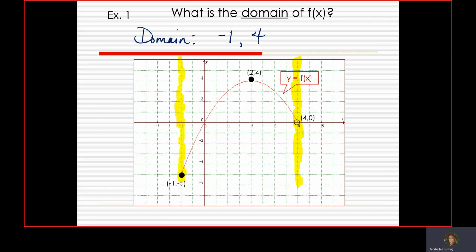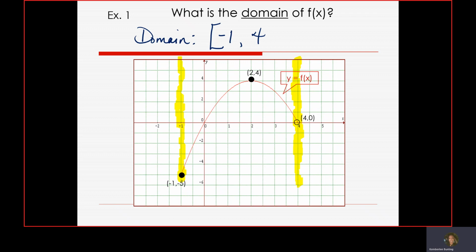Now I haven't put a bracket or parenthesis up here yet. I need to go back to my points and figure that out. Let's go over to -1. Do I have an open dot or a closed dot at -1? It's closed. So what should I have on -1, a bracket or a parenthesis? Let's make it happen on your paper.